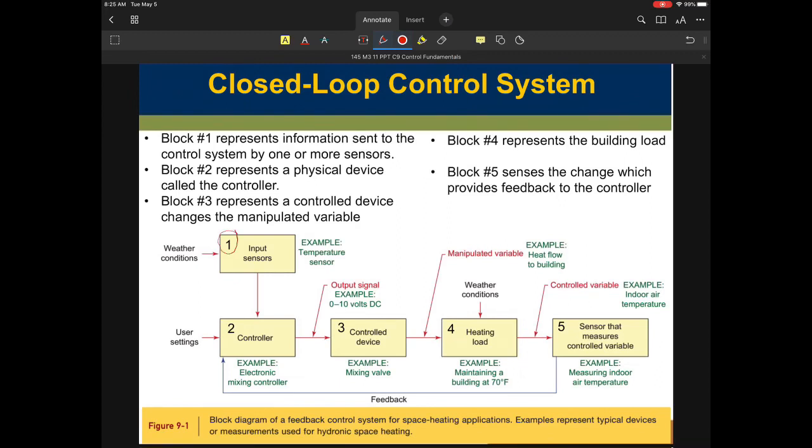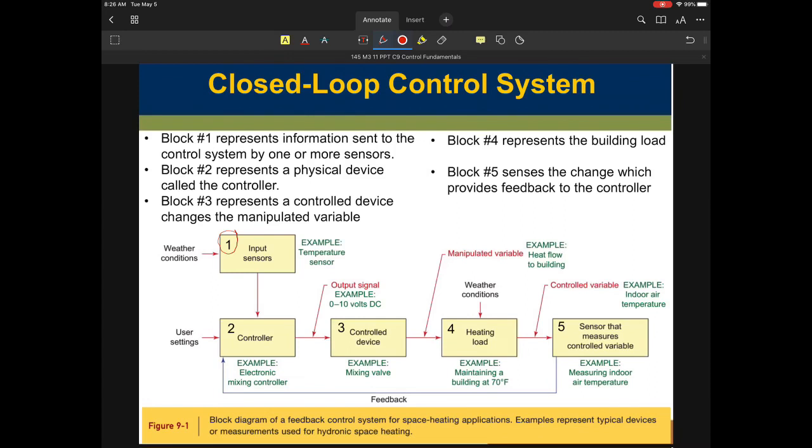When we first start out with block 1, that is representing some input sensor. It could be room temperature. It could be boiler water.